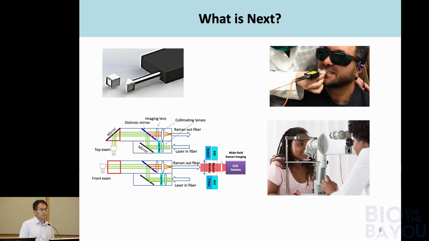Then after this, we're working on the next stage. The previous images were taken by the system on the optical table, and the next stage is to bring the device to patients. The first approach we're going to try is a fiber-based probe. It'll be something like this, and you hold it and bring it close, like a toothbrush shape. One fiber brings the laser, and the other fiber takes the picture and sends it to the highly sensitive camera.